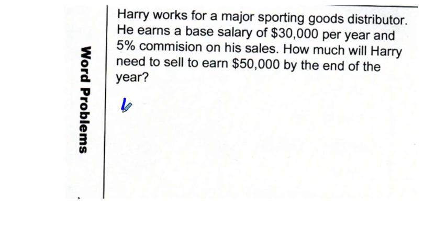I'm going to make that H. That's going to be equal to $30,000 plus 5%, which is 0.05, commission on sales.